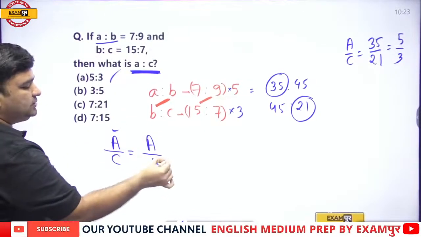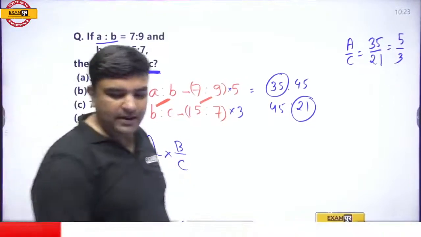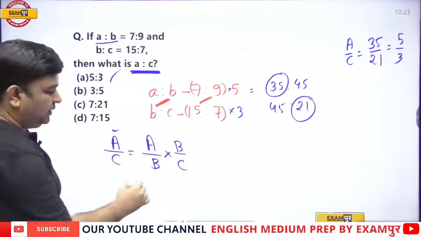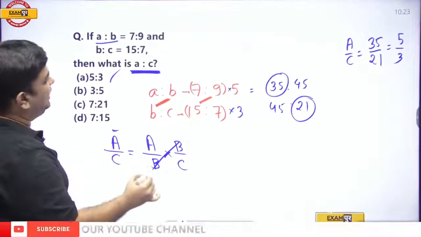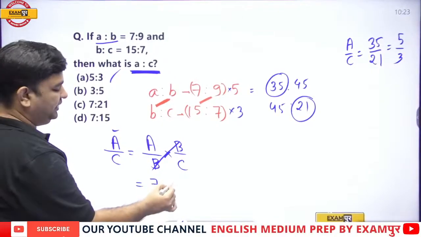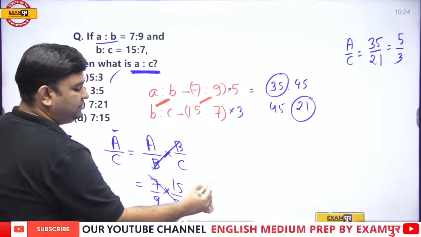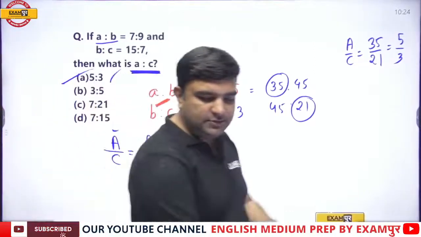Cancel out this B by multiplying by B by C, and you will get A by C directly. A by B is 7 ratio 9, B by C is 15 ratio 7. Cancelling by 3 gives 5 ratio 3. This is a smart way, guys.